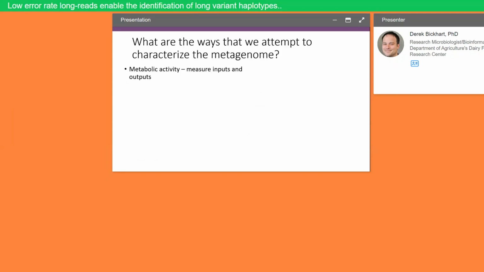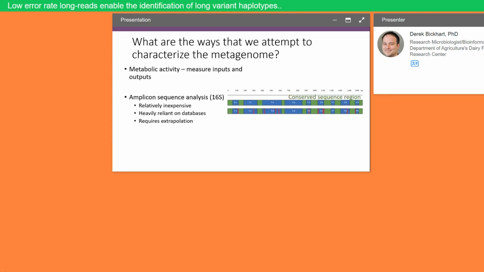There are some different ways in which we can characterize the effects of metagenomes on systems and environments. Probably the simplest and most straightforward would be to measure both inputs and outputs from a metabolic standpoint. However, this sort of treats the metagenome as a black box, and distinguishing characteristics of the metagenome are lost in this translation.